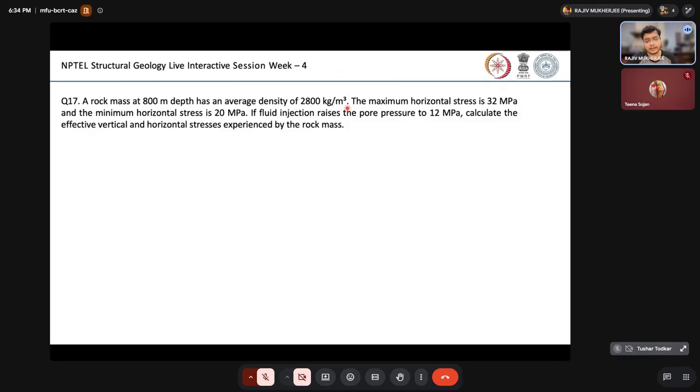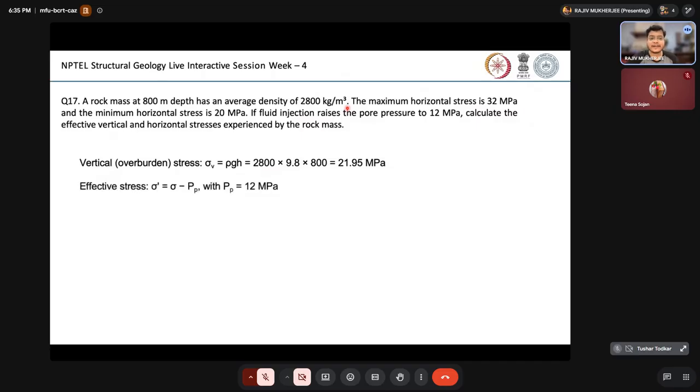But for doing that, first we need the overburden pressure, and it is simply rho gh, right? So you plug in the values of the density, acceleration due to gravity, and the depth, and you get a value of nearly 22 megapascals, right?